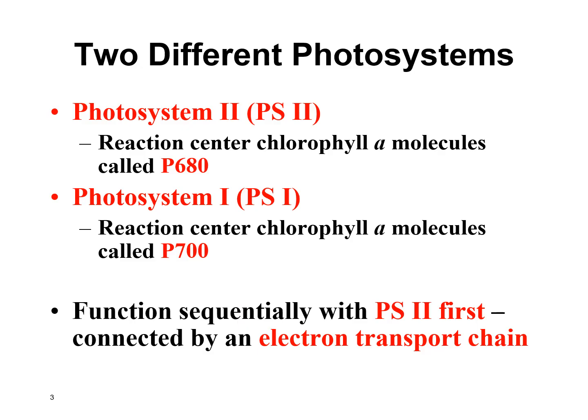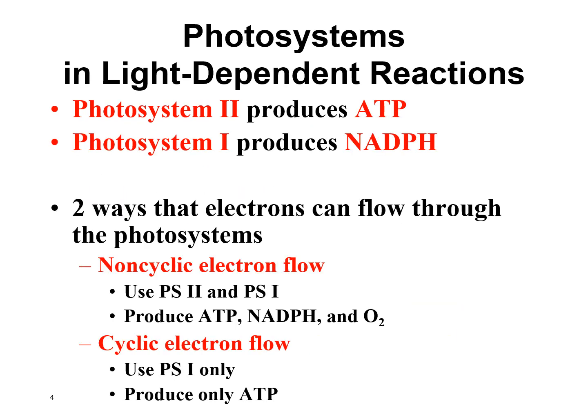And between photosystem 2 and photosystem 1, there's an electron transport chain. This would be important to remember: photosystem 2 is going to produce ATP, and photosystem 1 is what produces the NADPH in the light-dependent reactions.